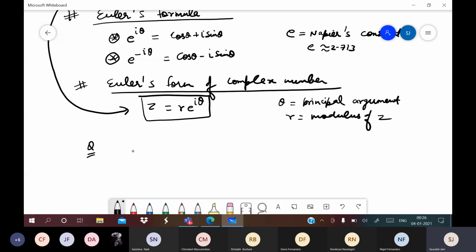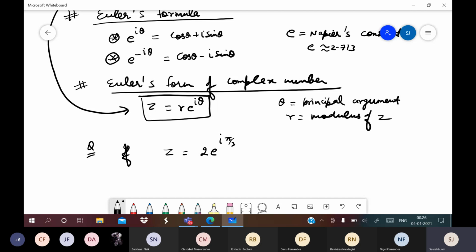So like if the question is if z equals to 2 e to the power iota pi by 3.